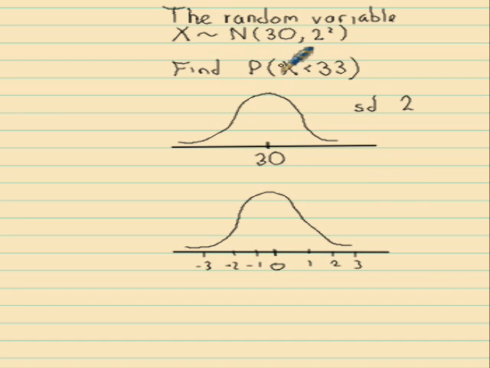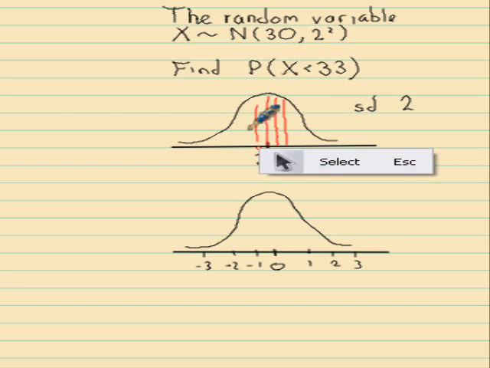Now the question is asking me here, it wants the probability that the values are less than 33. So I'm just going to look at this and represent it. So 33 I think is going to be about here. And so I'll just draw that in, so I've got an idea what value I'm looking at. So less than 33, and in my own mind I'm going to come up with a very rough idea.